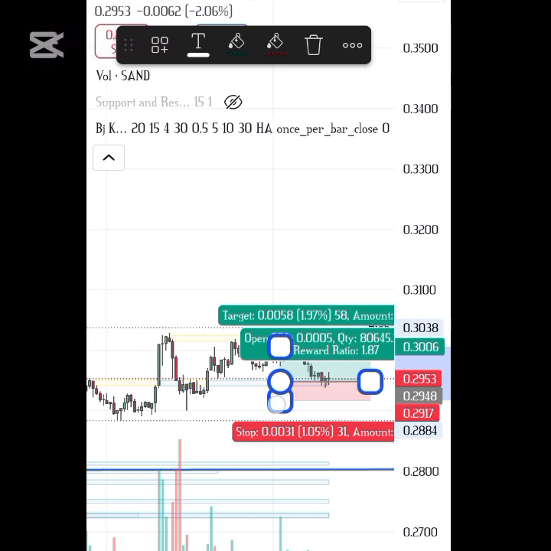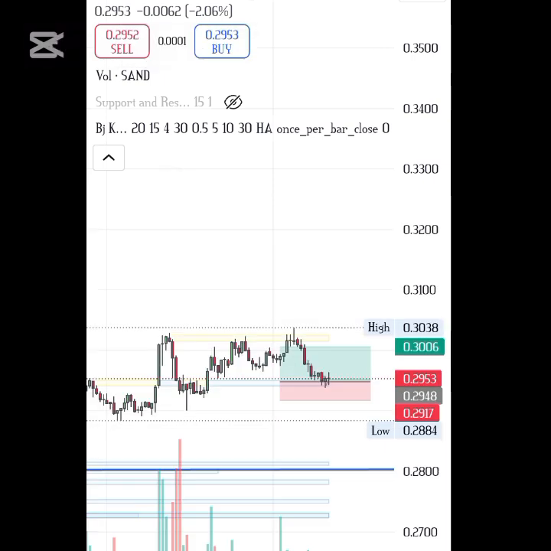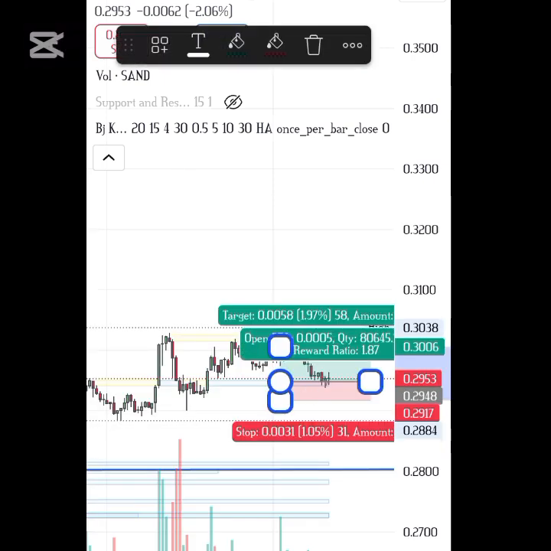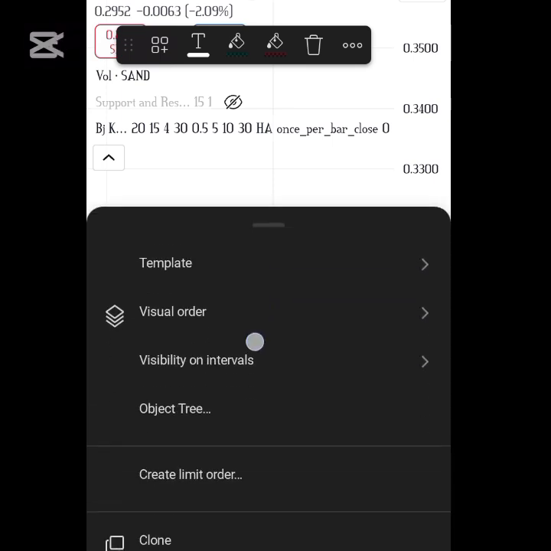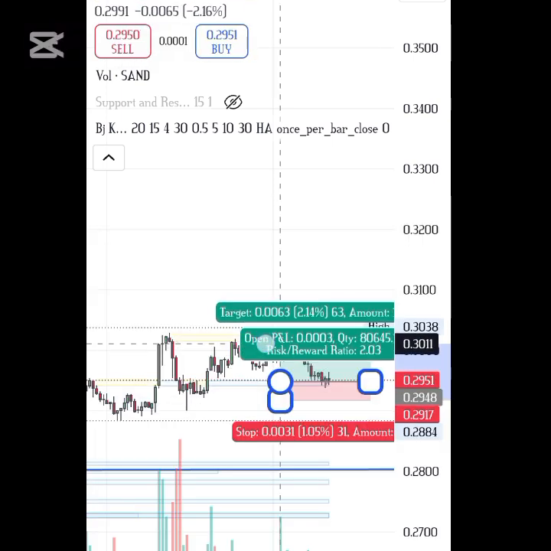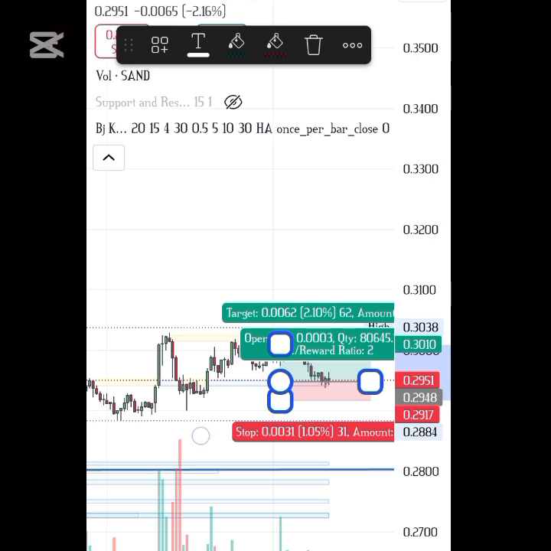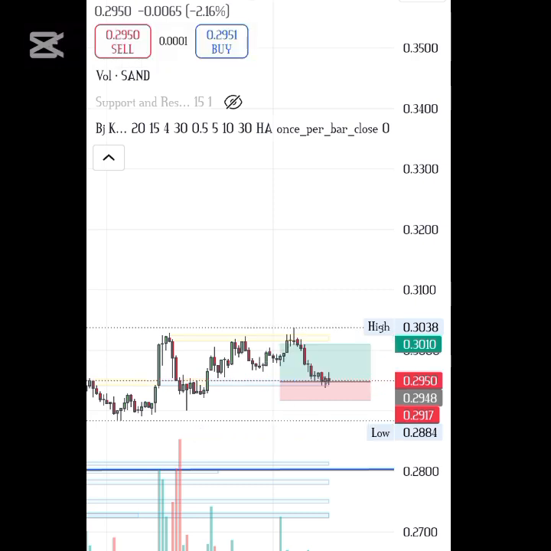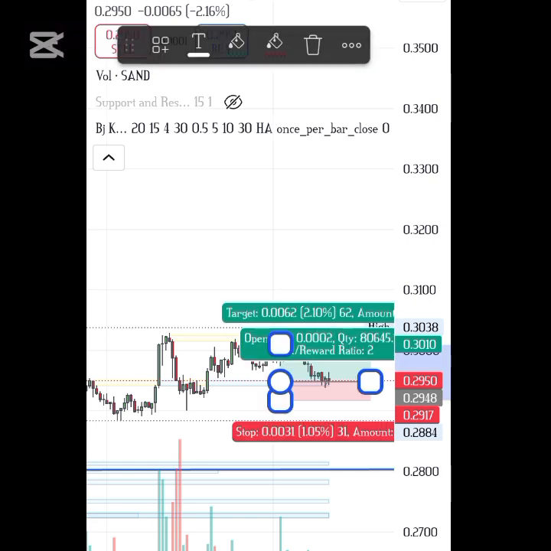Remember you're using futures, so everything you do is magnified. So we'll be looking at 1% to 2%. So we'll be risking 1% to get 2%.